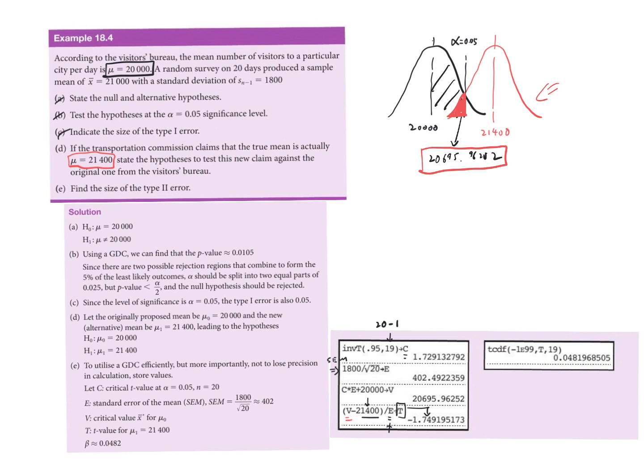Then we use TCDF from negative infinity to this value, with degrees of freedom of 20 minus 1. Eventually we get the type 2 error of this part, which is around 0.0482, actually 4.82%. This part is the type 2 error that we calculate.